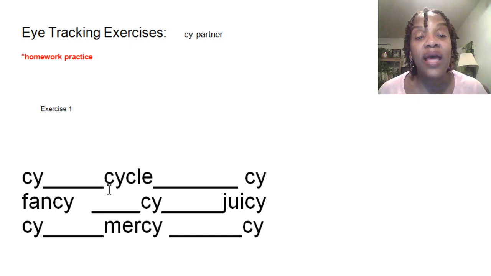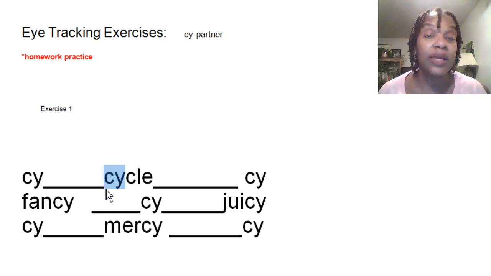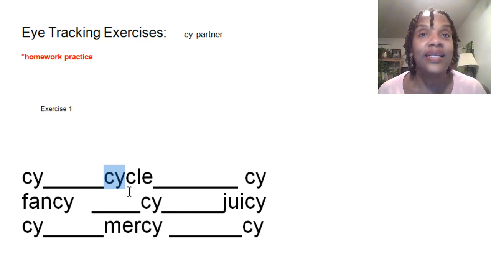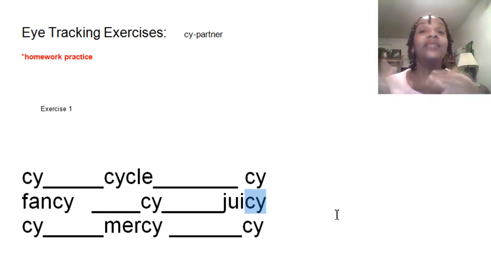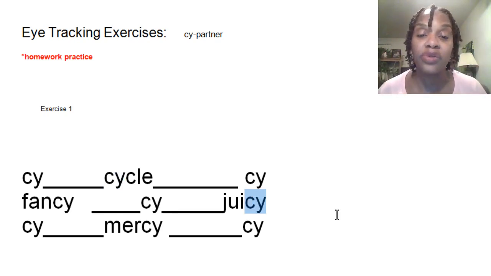And you notice that only sickle had the CY partner at the beginning of the word, so that's why it's pronounced S, sit. It's like air, but at the end it's C, C. So this is going to take a little practice for this partner sound, but remember, practice makes perfect, all right?